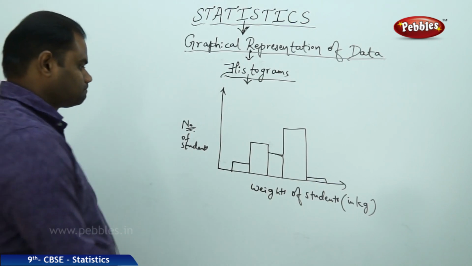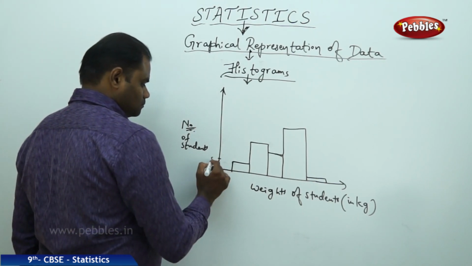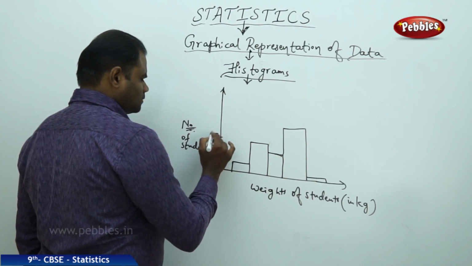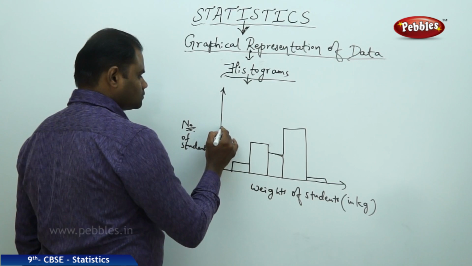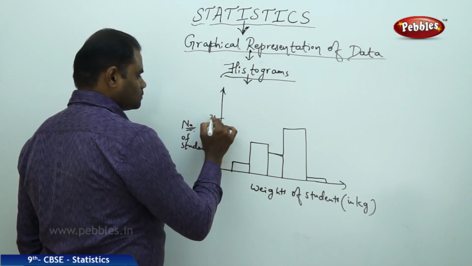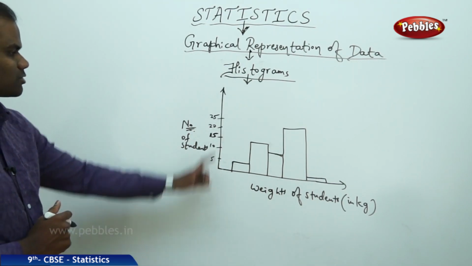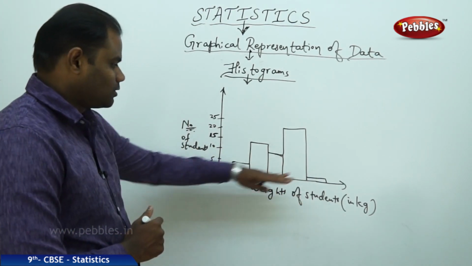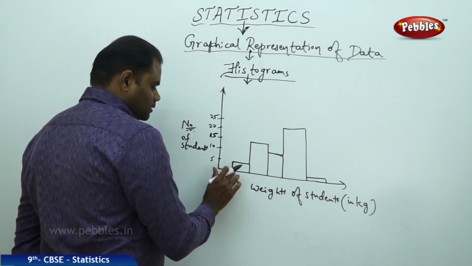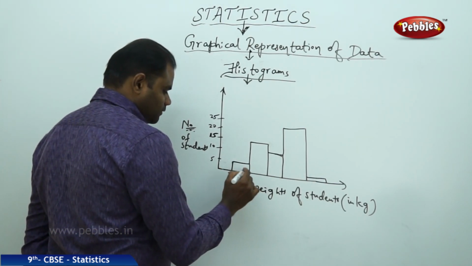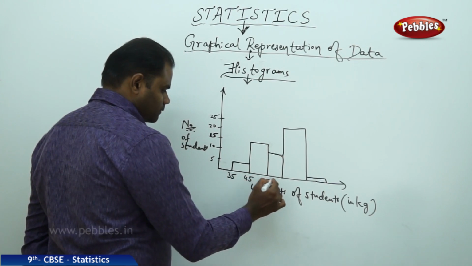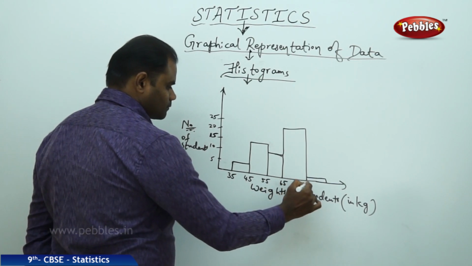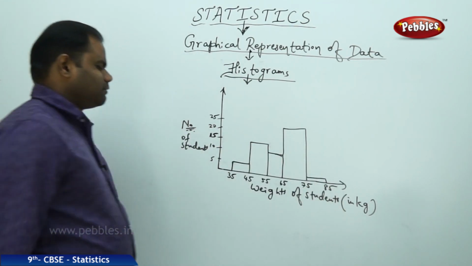out here. In a class of 25 students, I want to take the weights of students in kilograms on the x-axis in such a manner that I start from 35, 45, 85.